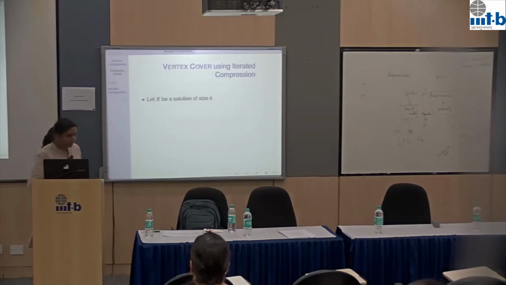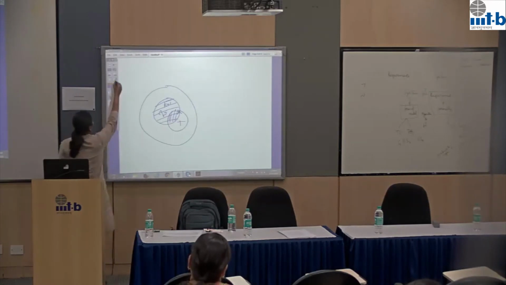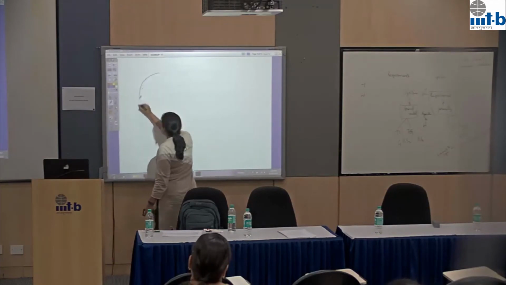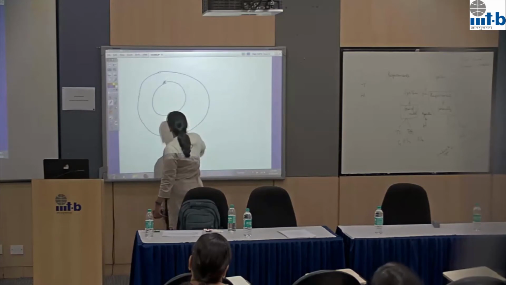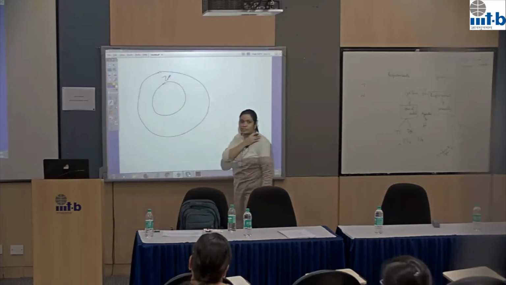I'll explain it first. Let's say this is your graph, and you have Z here, which is of size at most 2k.